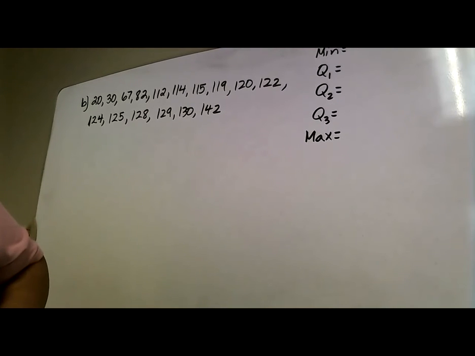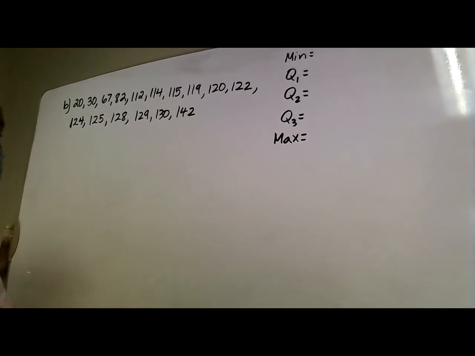Now we did talk about any values that were unusually low would be an outlier, or any values that are unusually high would also be an outlier. We did one where one of the values was unusually high, and I think that number was 360. You had to draw a dot there for that outlier, and the 240 had to be the maximum for that box plot when we constructed it.